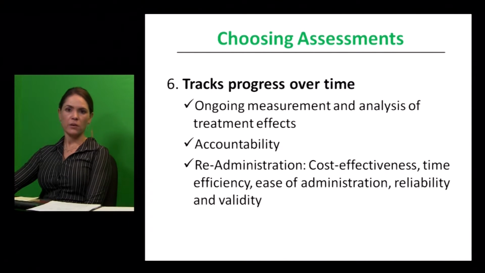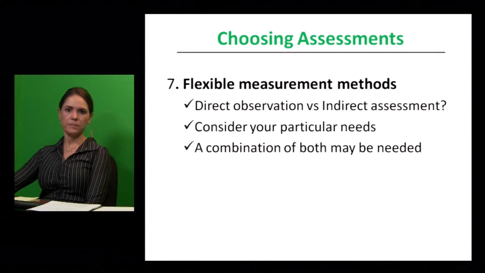It's better, obviously, if you don't have to keep re-administering it all the time, and that gets into cost effectiveness, time efficiency, and we also need to look at how easy it is to administer, who can do it, that kind of stuff. Is it reliable and valid? All of these are questions that should be looked at when you're choosing the assessment.